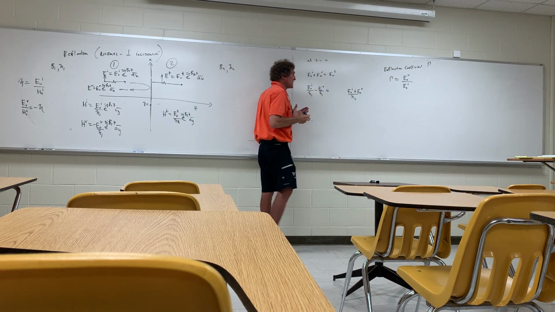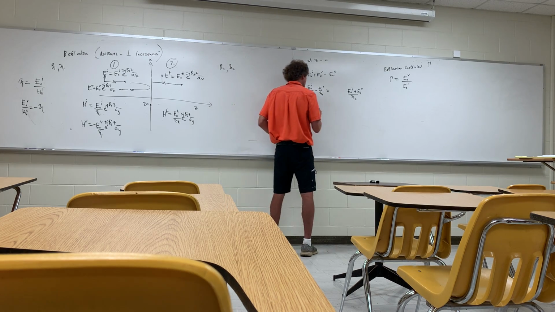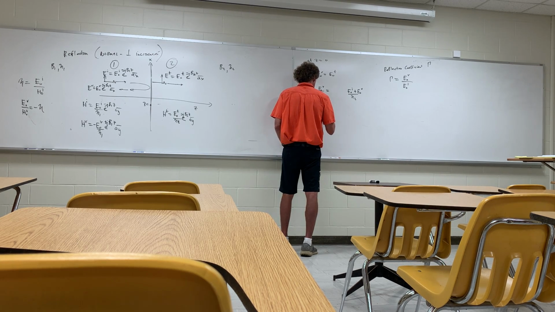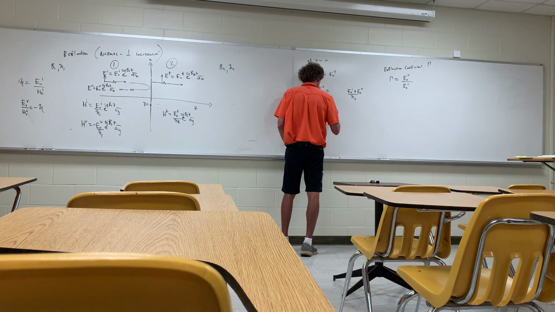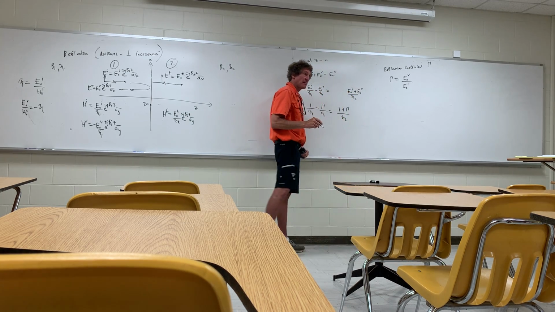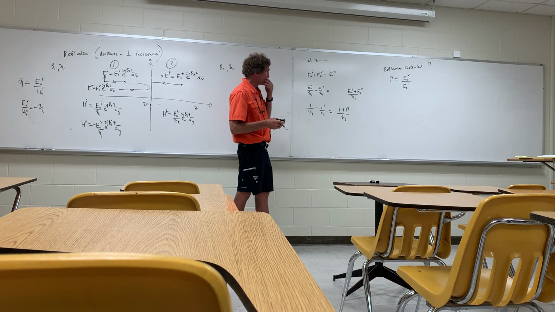So now I come over here and divide everything by E naught incident. And when I do, I get 1 over eta 1 minus reflection coefficient over eta 1 is equal to 1 plus reflection coefficient over eta 2. I'm just doing the division, and I've put in that reflection coefficient right there.